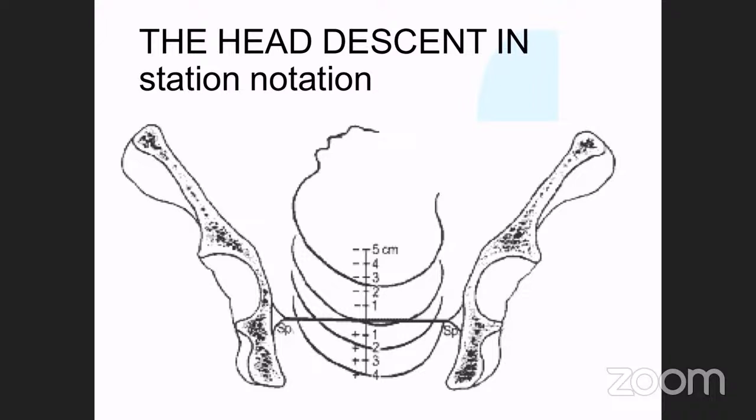If it's 2 centimeters above the ischial spine, it's -2. The higher the number of centimeters above the ischial spine, the higher the negative score. But if the head is 1 centimeter below the ischial spine, it's +1. 2 centimeters below the ischial spine, +2. 3 cm below, +3. The more the head is going towards the vagina, the higher the plus.